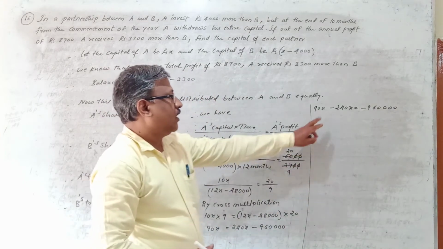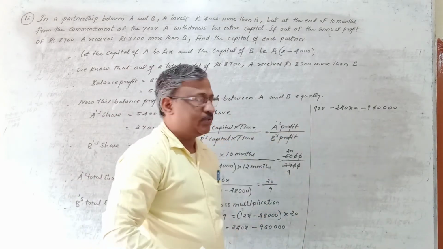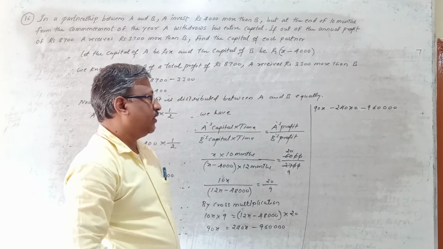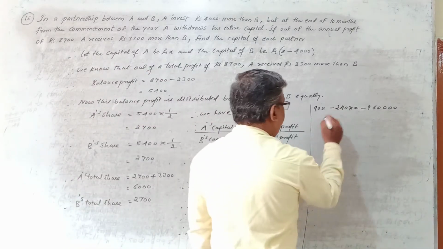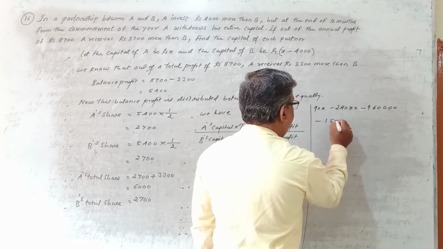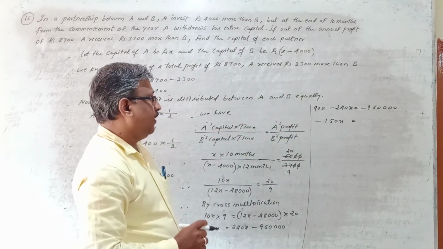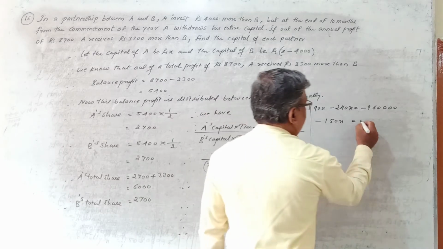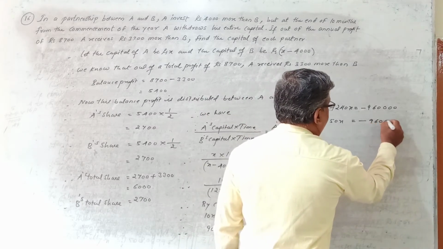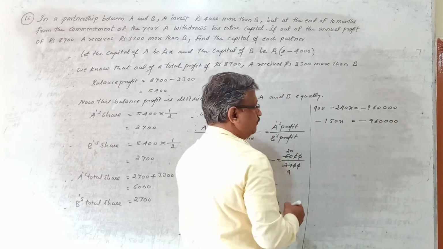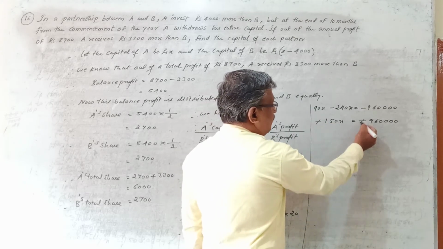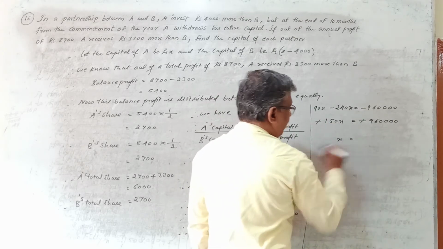Now we can subtract. From 90x you subtract 240x, and you get minus 150x, equal to minus 9,60,000. Ultimately the minus signs get cancelled. I want the x value, so bring x outside.